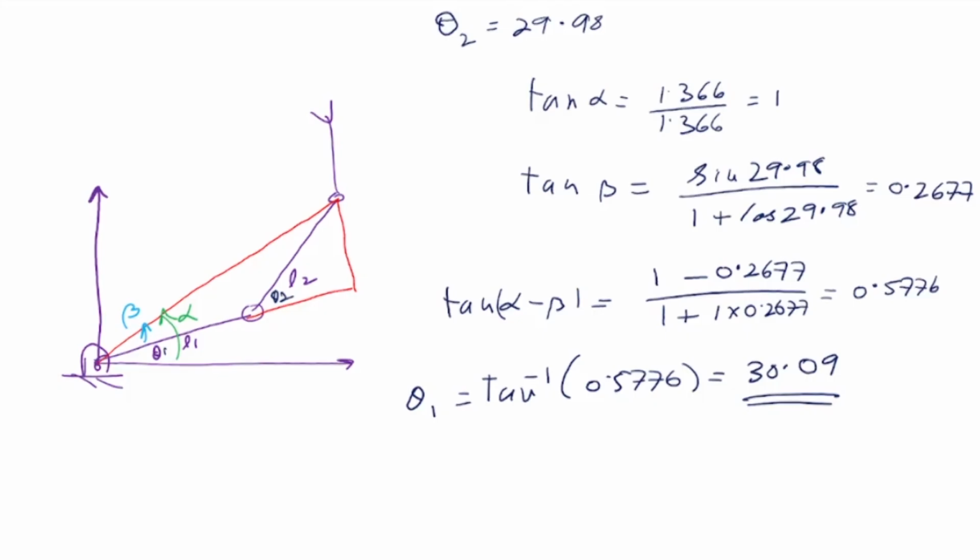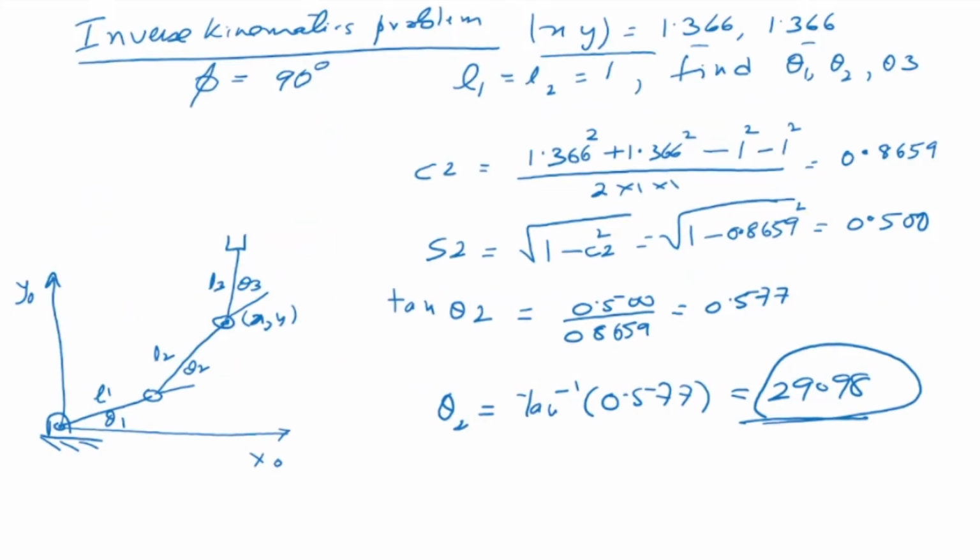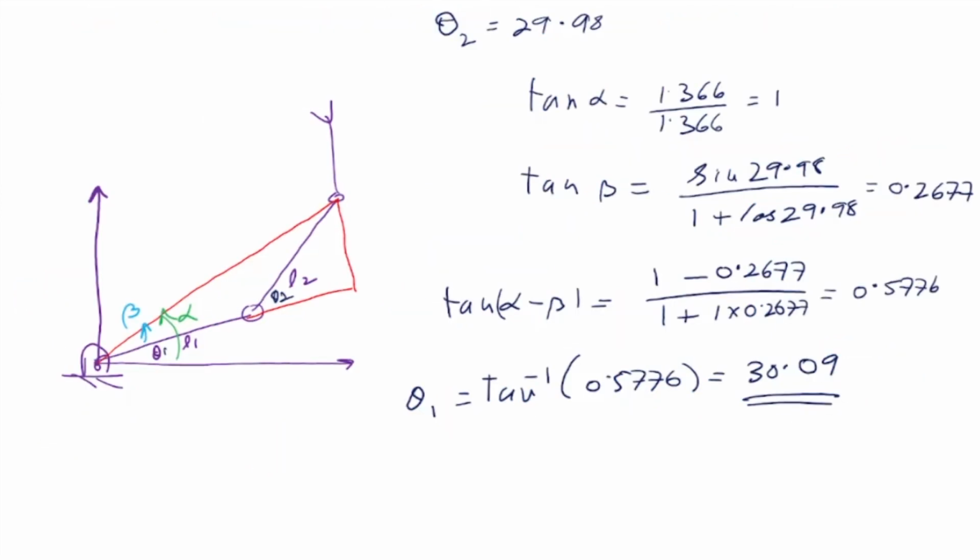So now we have got theta 1 and theta 2, and what were we given? Phi, in inverse kinematics. I found theta 1, I found theta 2, I need theta 3. Now phi is given as 90, and phi is equal to theta 1 plus theta 2 plus theta 3.